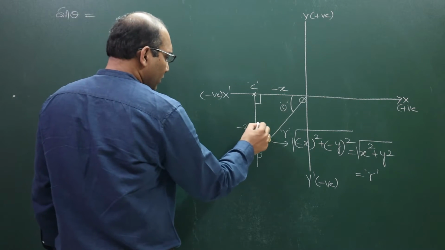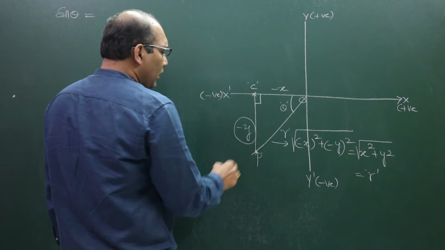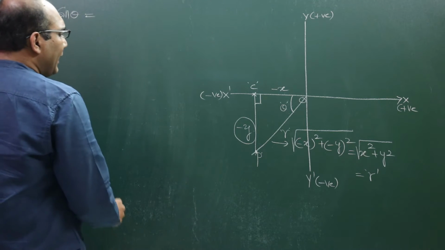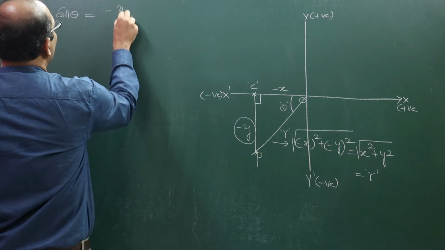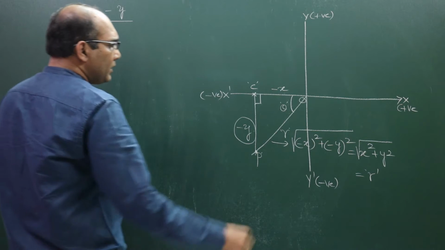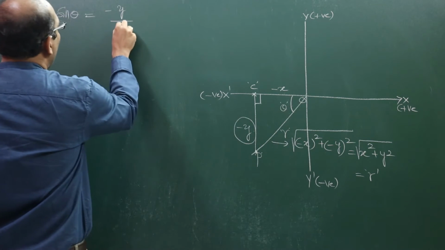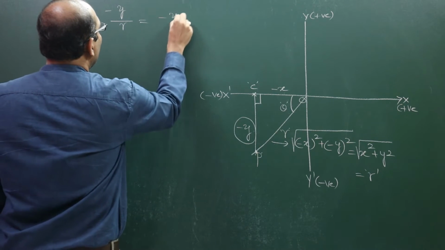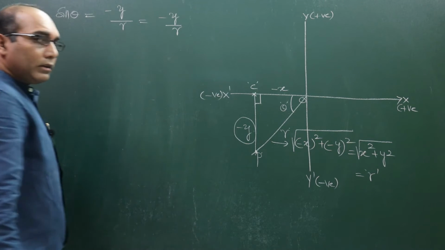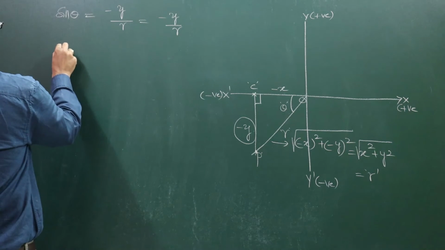What is the opposite side over here? Negative y, by what is the hypotenuse? r. So sine theta is negative y by r. Now what about cos theta?